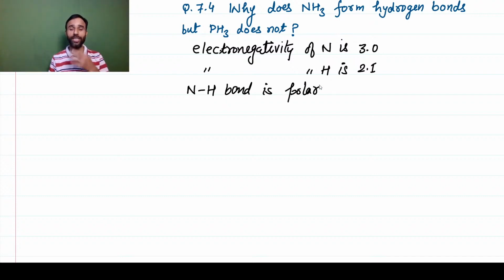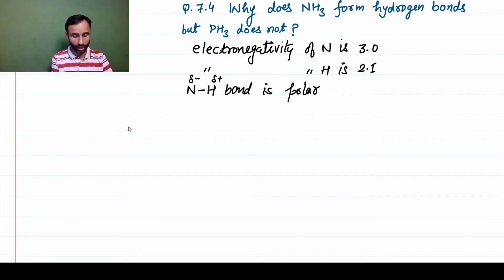So as the N-H bond is polar, what it means is that nitrogen acquires partial negative charge because of higher electronegativity, and hydrogen acquires partial positive charge due to lower electronegativity, right?